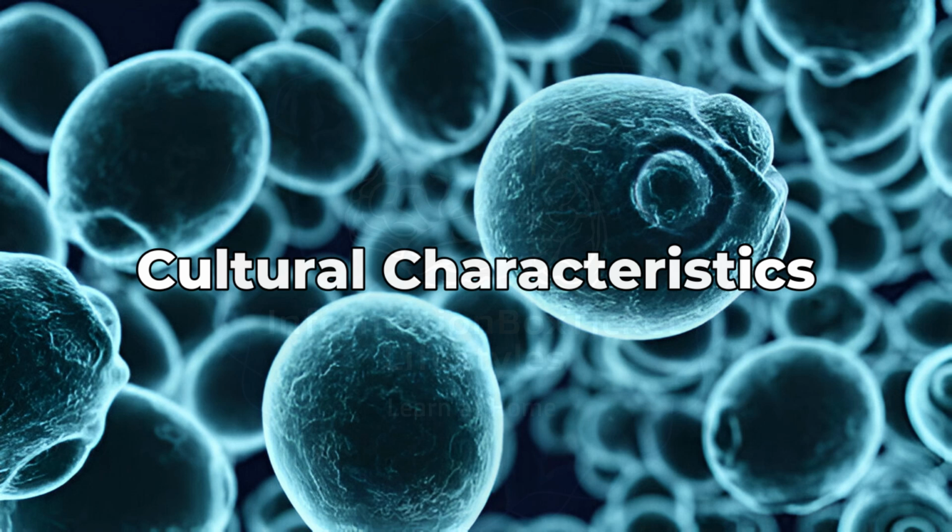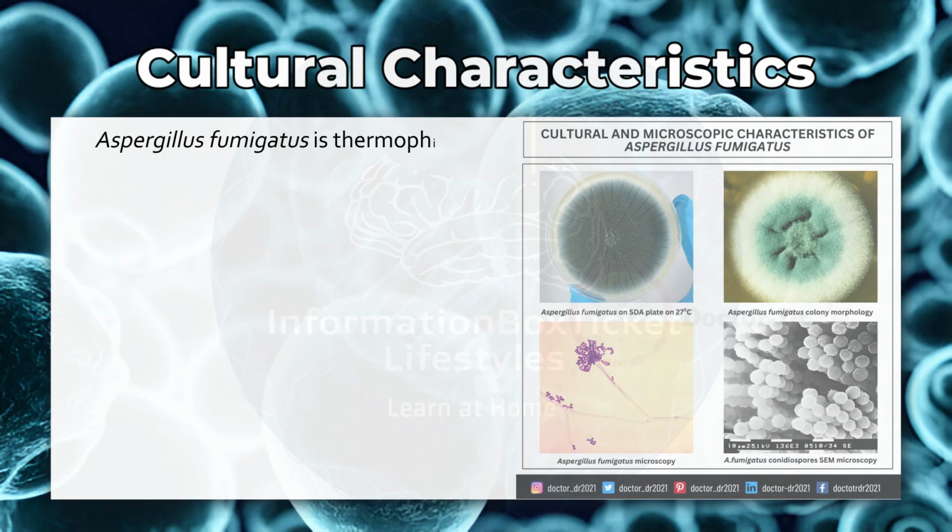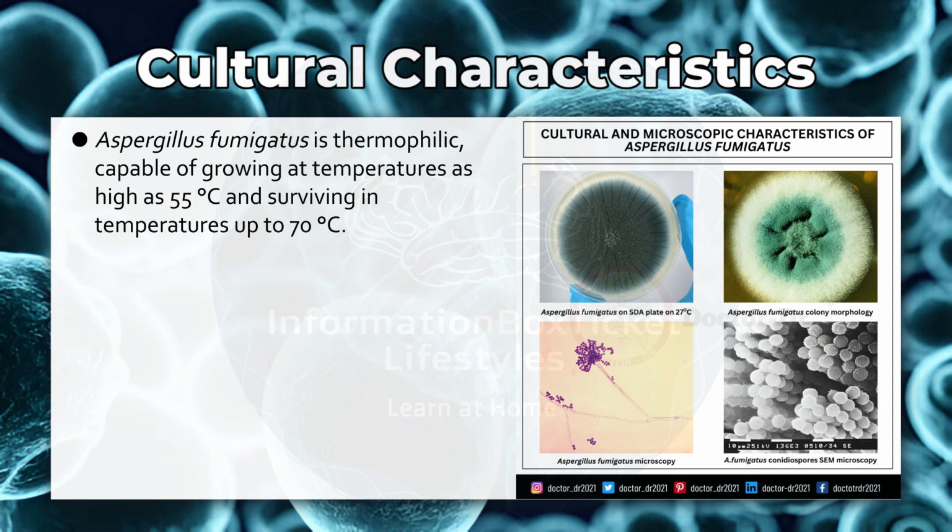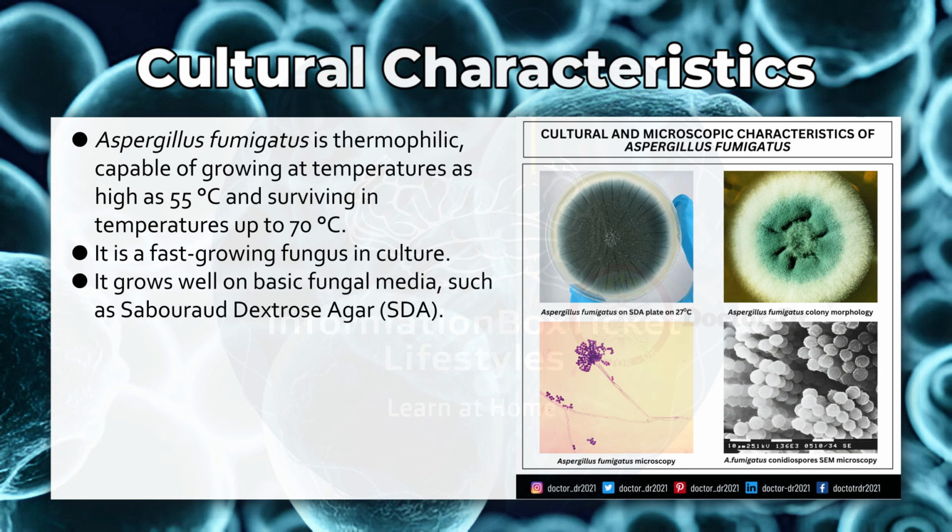Cultural characteristics of Aspergillus fumigatus. Aspergillus fumigatus is thermophilic, capable of growing at temperatures as high as 55 degrees Celsius and surviving in temperatures up to 70 degrees Celsius. It is a fast-growing fungus in culture. It grows well on basic fungal media, such as Sabouraud dextrose agar.